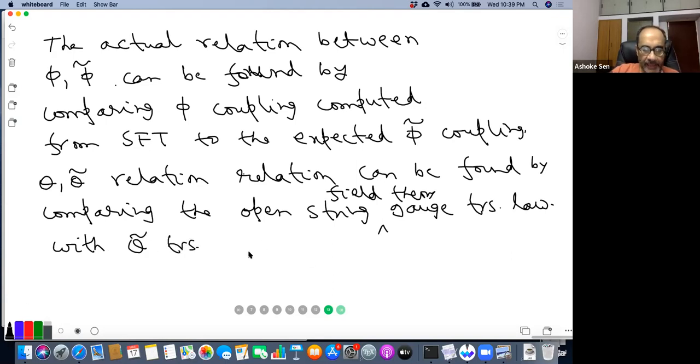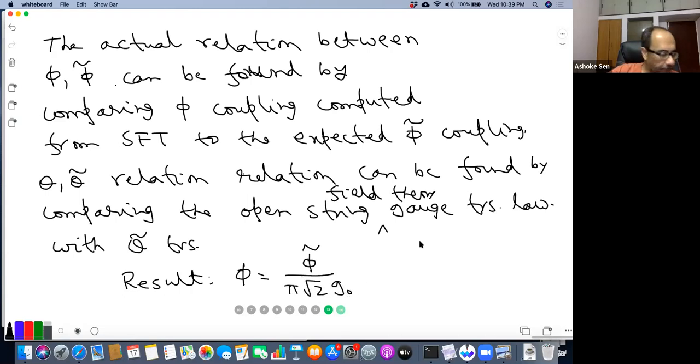And the result is that phi is phi tilde over pi root 2 times G open, and theta is I theta tilde by G open, where G open is the open string coupling constant.